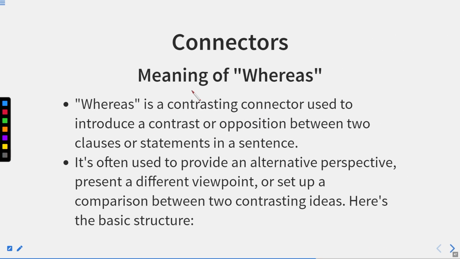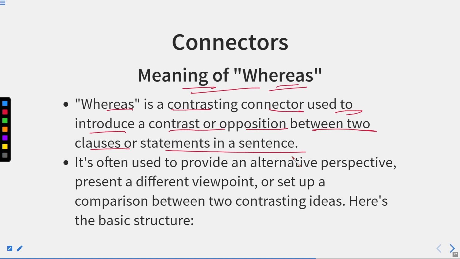Now we'll discuss another connector, that is whereas. Whereas is a very important connector to show the contradiction between two sentences. When we compare one thing to another, we use the word whereas, and this is a very useful connector to compare two things together. The meaning of whereas: whereas is a contrasting connector used to introduce a contrast or opposition between two clauses or statements in a sentence.